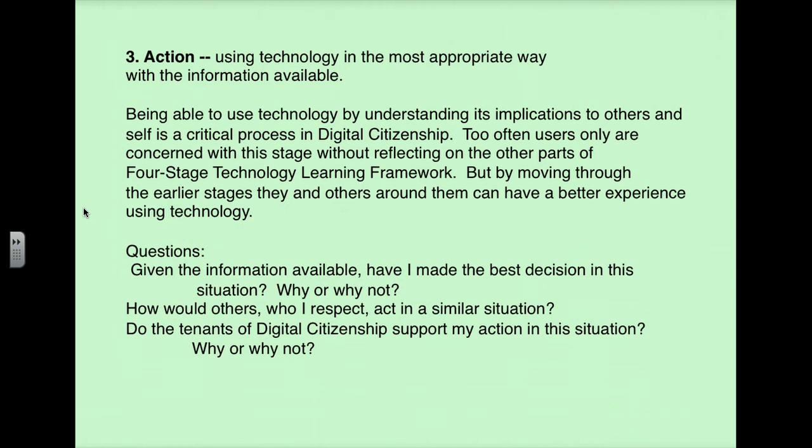So again, let's go back to another example. If we look at something like digital health and wellness, the definition of digital health and wellness is the appropriate use of technology in a way that is healthy and leads to a better experience with technology and our regular lives.